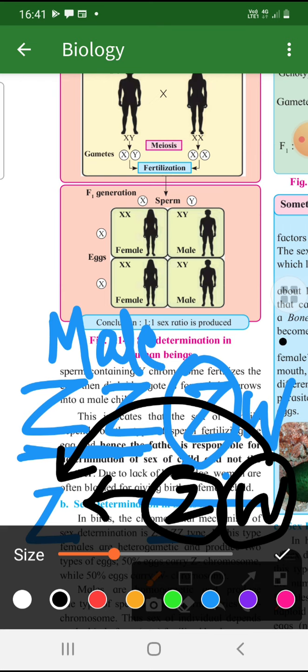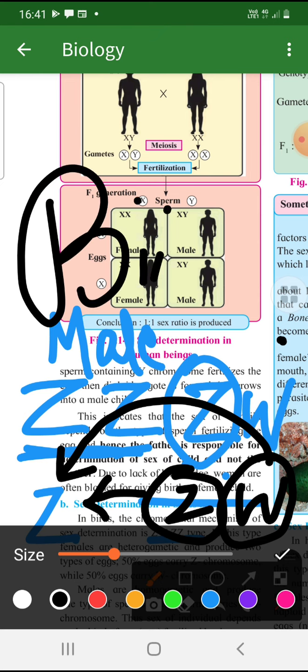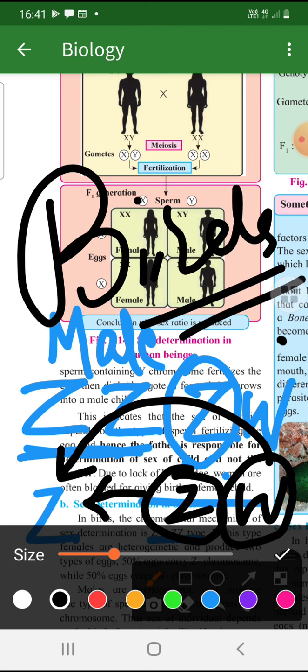So female in birds, okay, this is another question. Sex determination in birds, then you have to draw everything just like you did for humans.